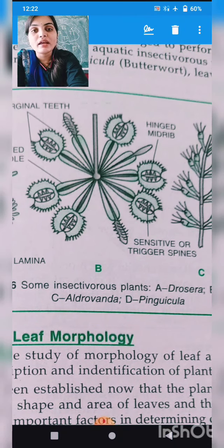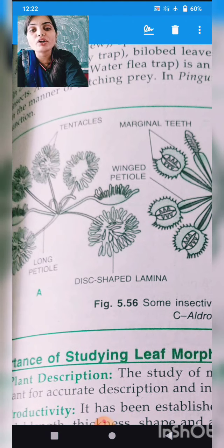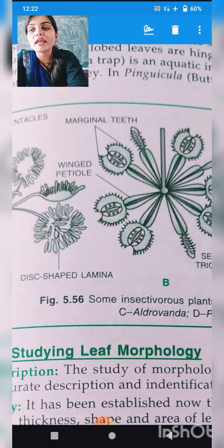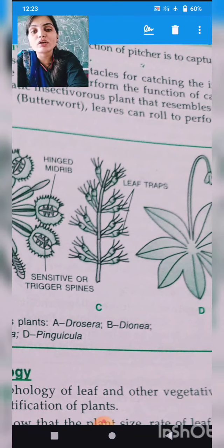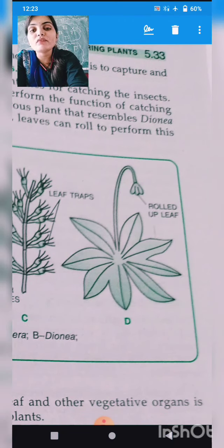Here you can see hinge, midrib, marginal teeth, all are the modification of leaf. In A, this is a diagram of Drosera. Okay, so these are the insectivorous plants. Leaf trap is also formed by the modification of leaf. Here rolled up leaf is also formed by the modification of leaf.